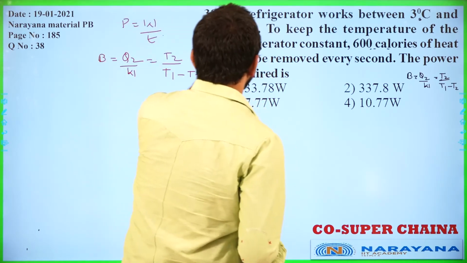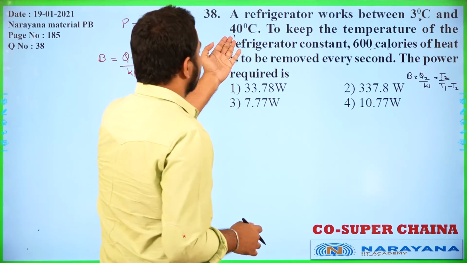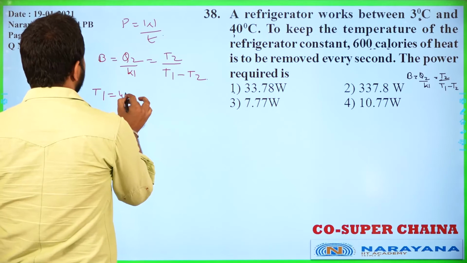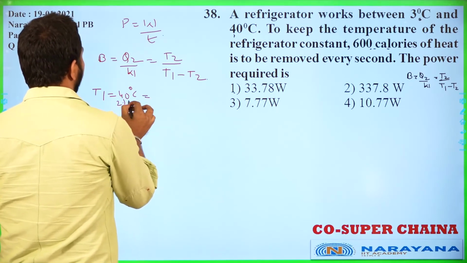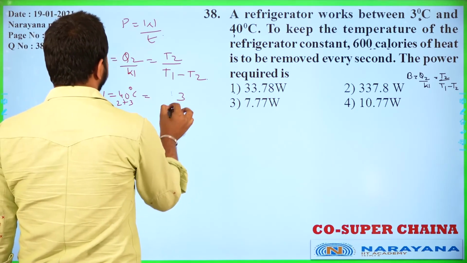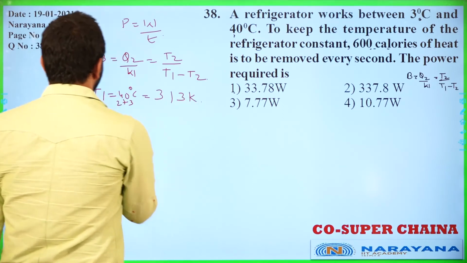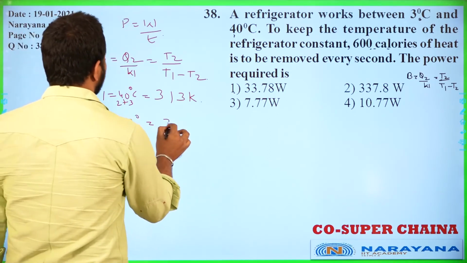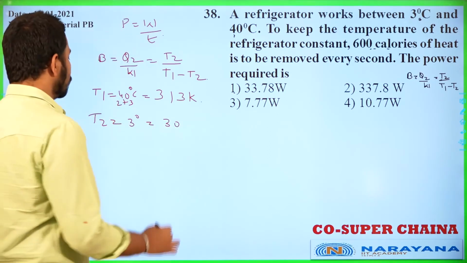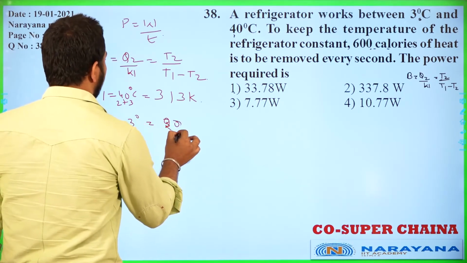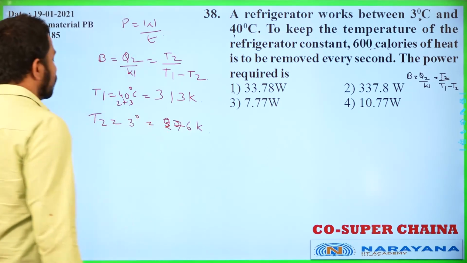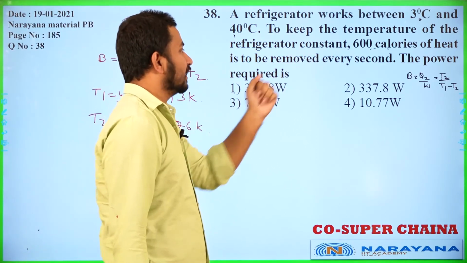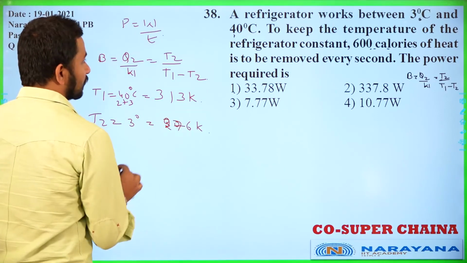Now we will substitute the values here, student. This is T1, so we will convert this 40 degrees Celsius into Kelvin. T1 will be 40 degrees Celsius, we add 273 here. So if you add 273, what we are getting? 313 Kelvin. Similarly, T2 we can calculate here, 3 degrees Celsius, so it will be 276 Kelvin. So T1, T2 we get here. Q2 is given here, so convert this calorie into joule and substitute the values.